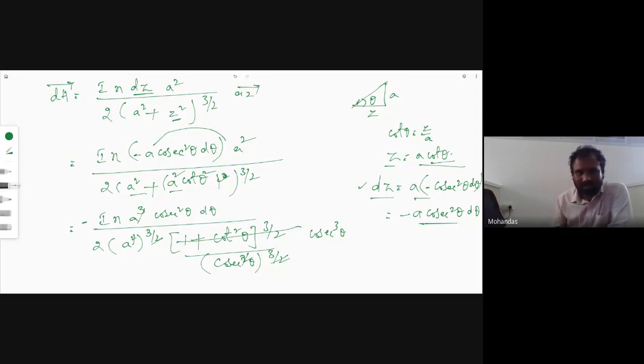And here there is a cosecant square theta, here cosecant cube theta is there. Okay, then 1 by cosecant theta. Right? And you can take I, n, and 2 as a common like here. So if you simplify the numerator and denominator, finally what we will get here?